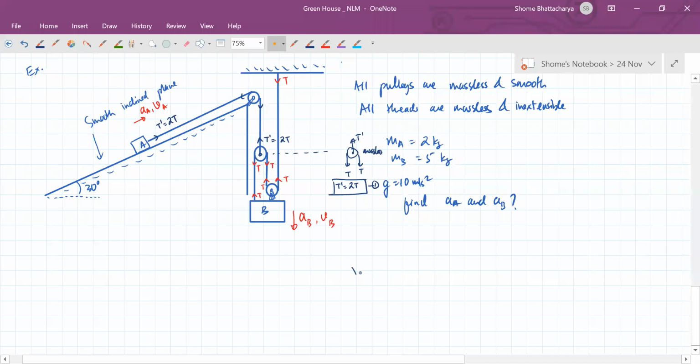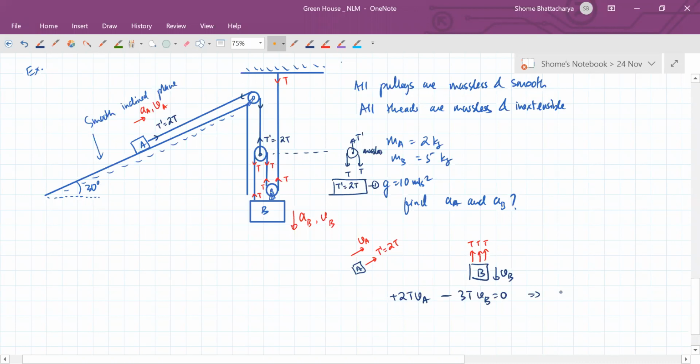So on A, you can see that tension acting is only T prime equal to 2T and its velocity is in the same direction. Whereas on the block B, the net tension acting is 3T upwards, and it has a downward velocity of VB. So plus 2T VA minus 3T VB should be 0.